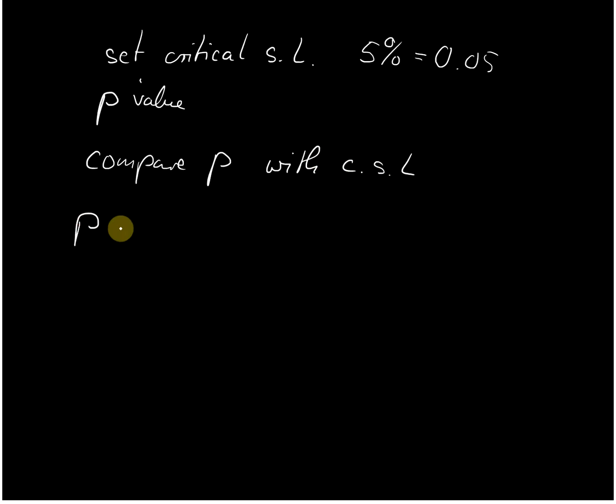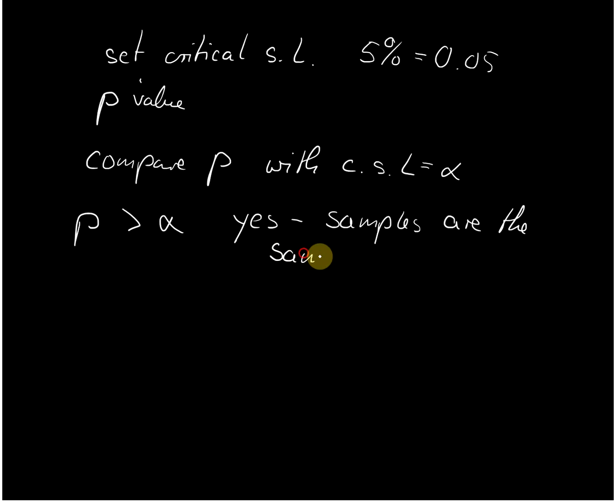And if p is larger than this alpha, then we say yes, all is good. Yes, samples are the same, and the only difference is due to sampling error.